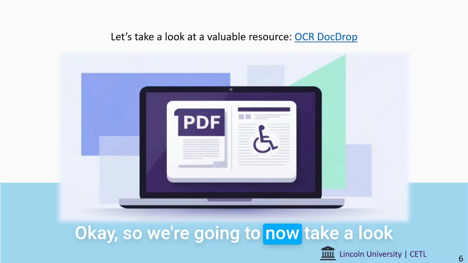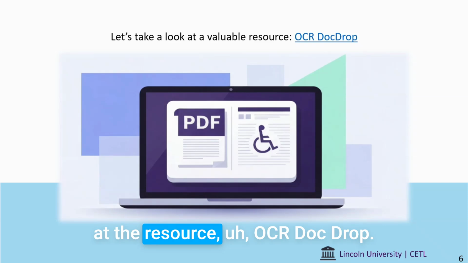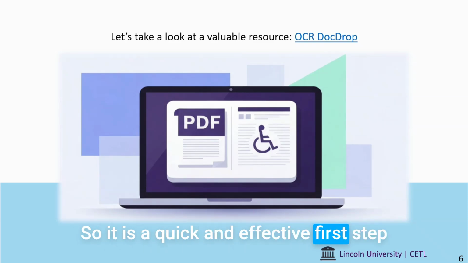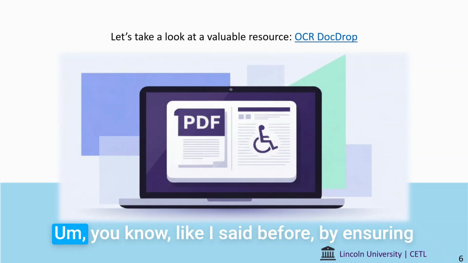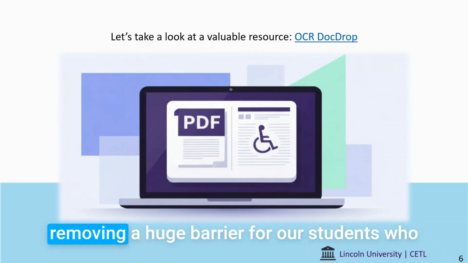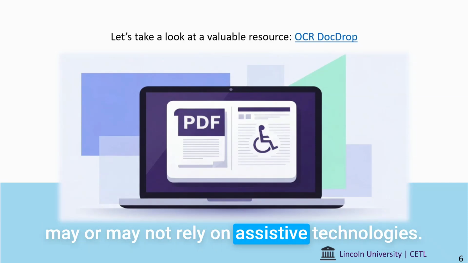Now we're going to take a look at the resource, OCR DocDrop. It is a quick and effective first step in remediating inaccessible PDFs. Like I said before, by ensuring our documents have readable text, we're removing a huge barrier for students who may or may not rely on assistive technologies.